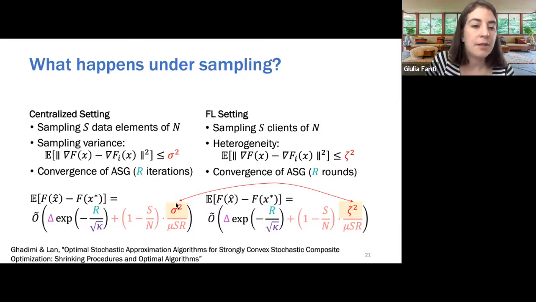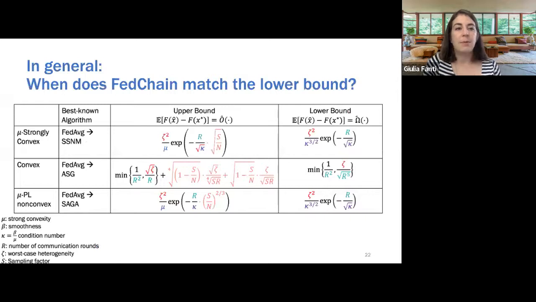And in the convex optimization setting, the centralized setting, we have the sigma squared. So this gives some intuition why the solutions that have been proposed in the centralized setting could also apply in the federated learning setting. We just need to apply variance reduction carefully so that it has an analogous effect. Okay, so that's how we deal with sampling.